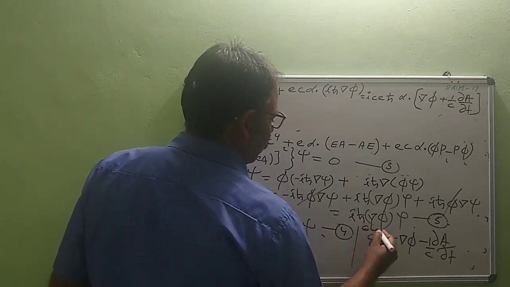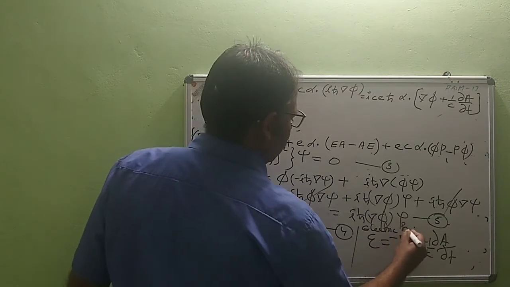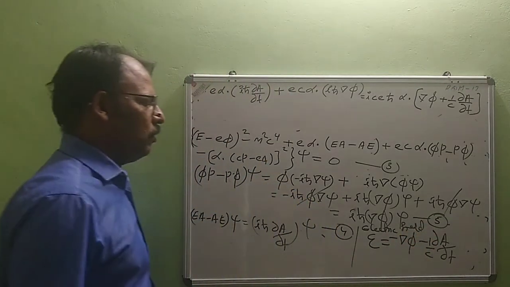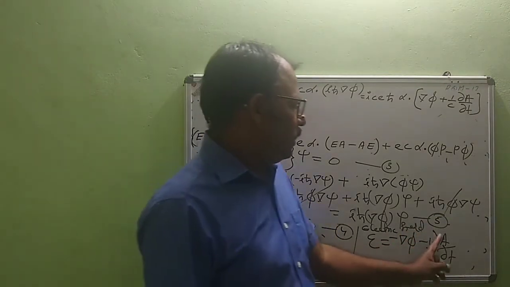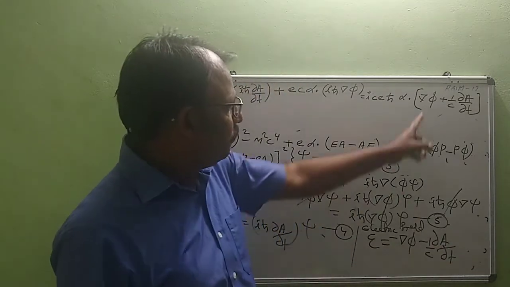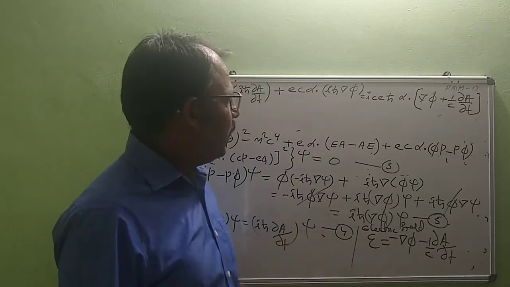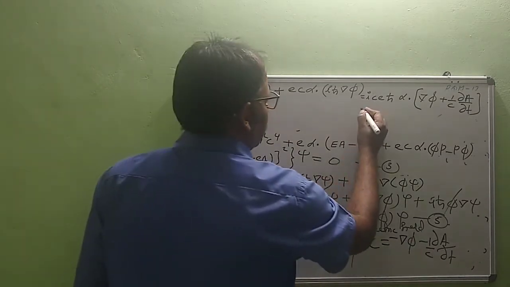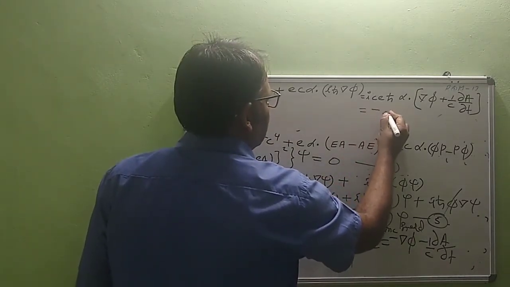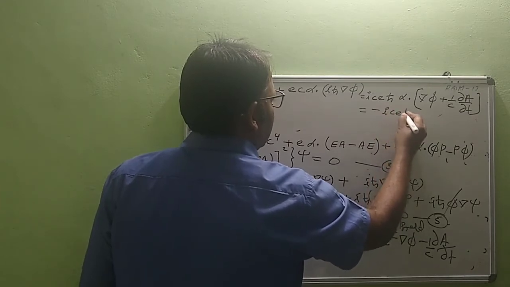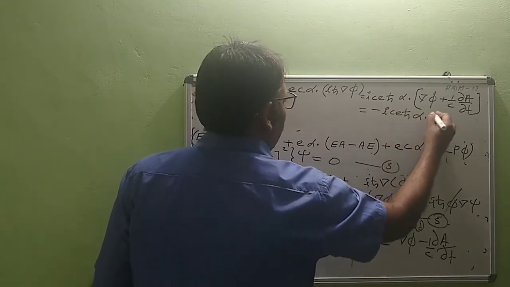So electric field intensity E is equal to minus del phi minus 1 by C dou A by dou T. So del phi plus 1 by C dou A by dou T I can take as minus the electric field. So that term becomes minus ICEH bar alpha dot E.